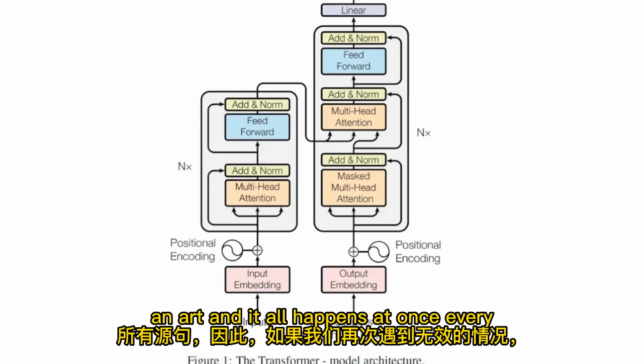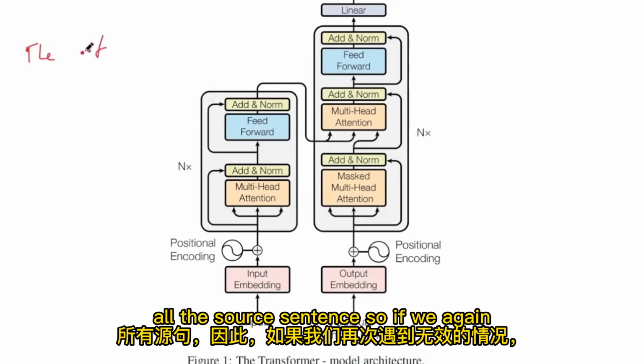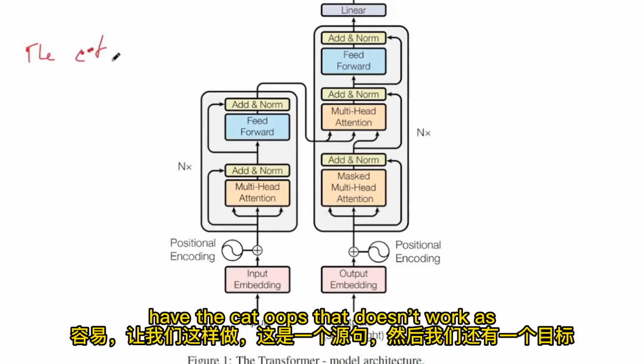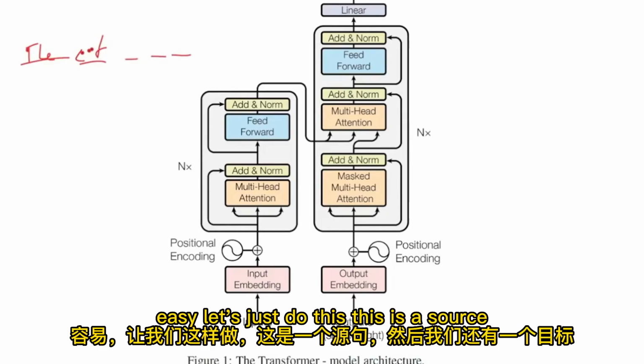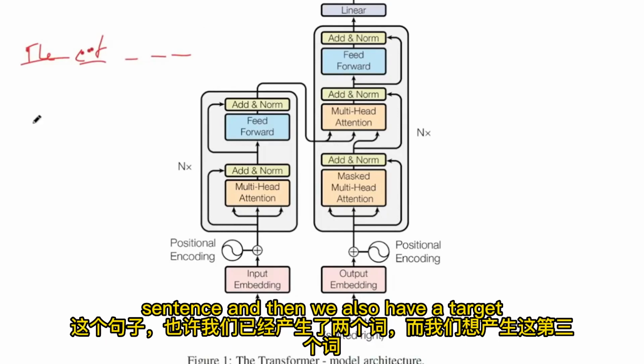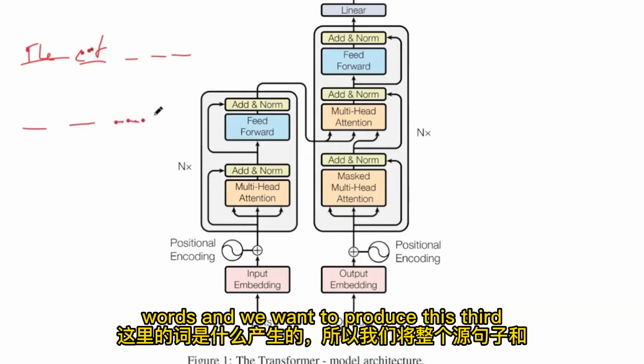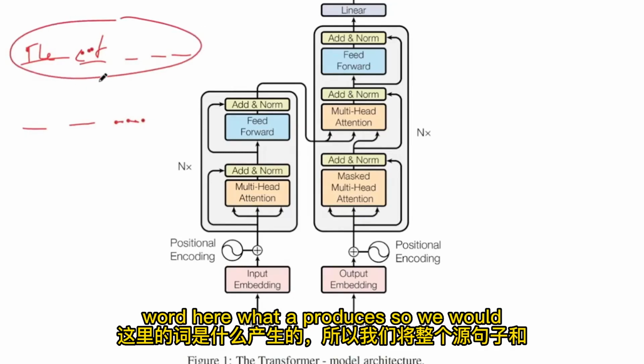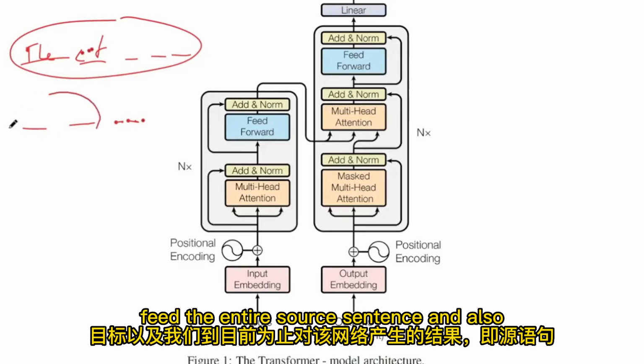All the source sentence. Let's just do this. This is a source sentence. And then we also have a target sentence that maybe we've produced two words of, and we want to produce this third word here. So we would feed the entire source sentence and also the target sentence we've produced so far to this network.